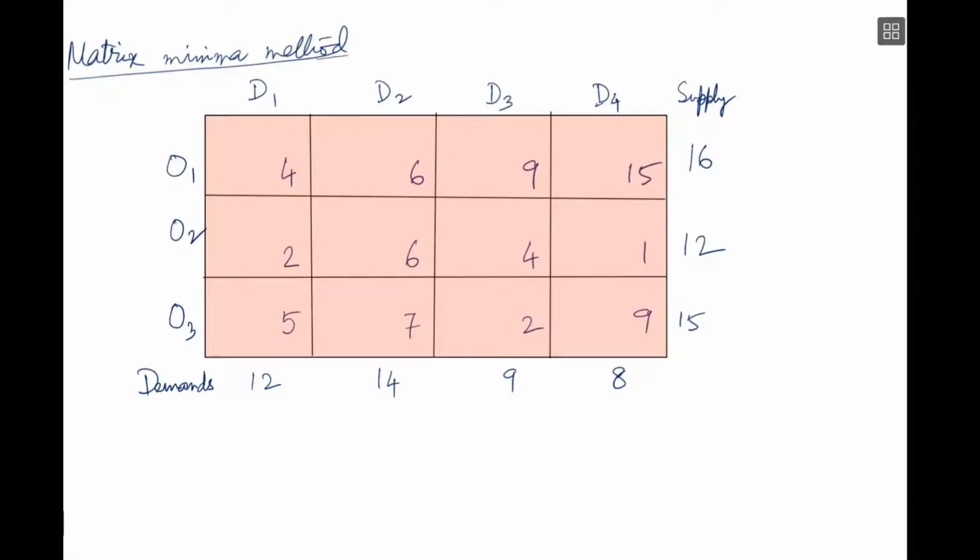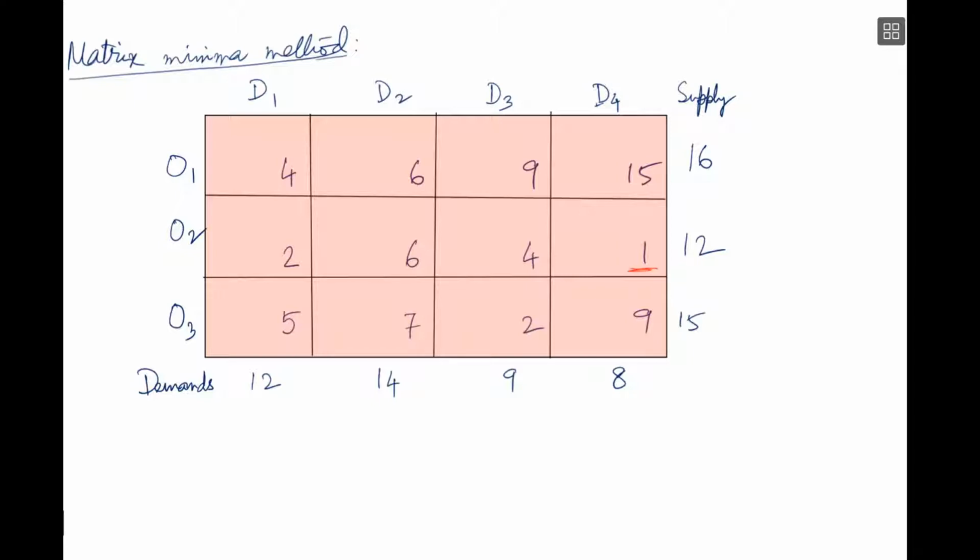In matrix minima, instead of starting from the northwestmost corner, we start allocating from the cell in which the cost is minimum. As we see in the cost matrix, the minimum cost occurs at the 2-4 cell, which is 1.